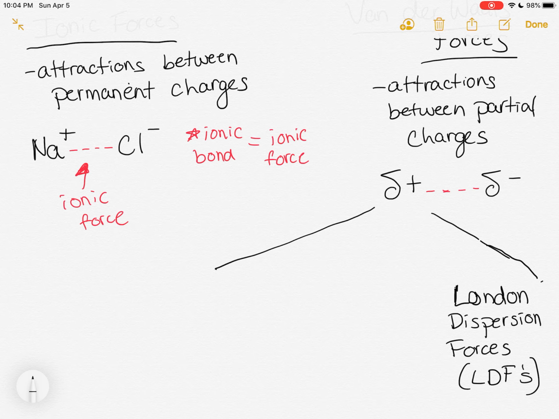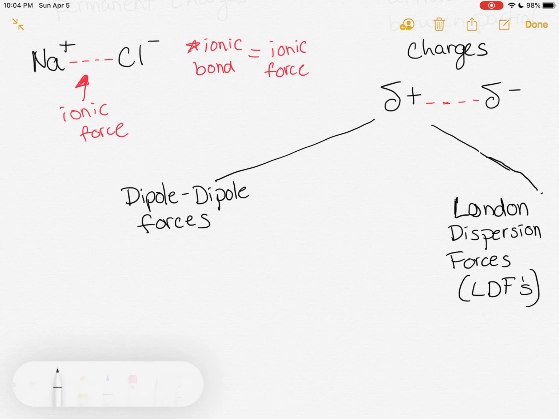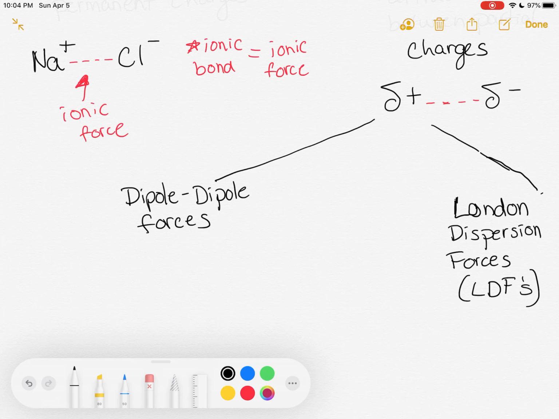So we have London dispersion forces as our one category for van der Waals forces. And then our other category are dipole-dipole forces. Okay, so we're going to have a look at those London dispersion forces first.